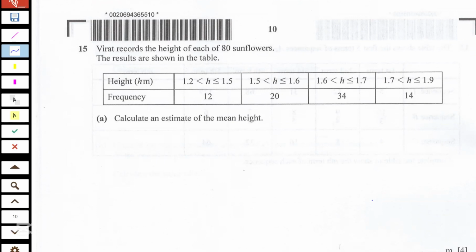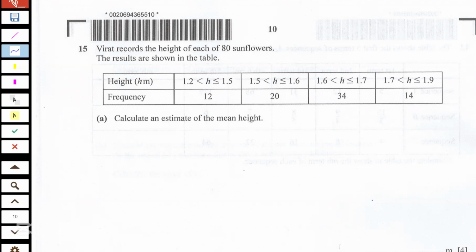The height in meters has class intervals of 1.2 less than the height, less than or equal to 1.5; 1.5 less than the height, less than or equal to 1.6; 1.6 less than the height, less than or equal to 1.7; and 1.7 less than the height, less than or equal to 1.9, with frequencies of 12, 20, 34, and 14. Calculate an estimate of the mean height.